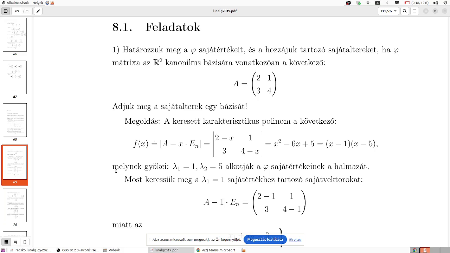And let's see lambda 1. That's 2 minus 1, 1, 3, 1.